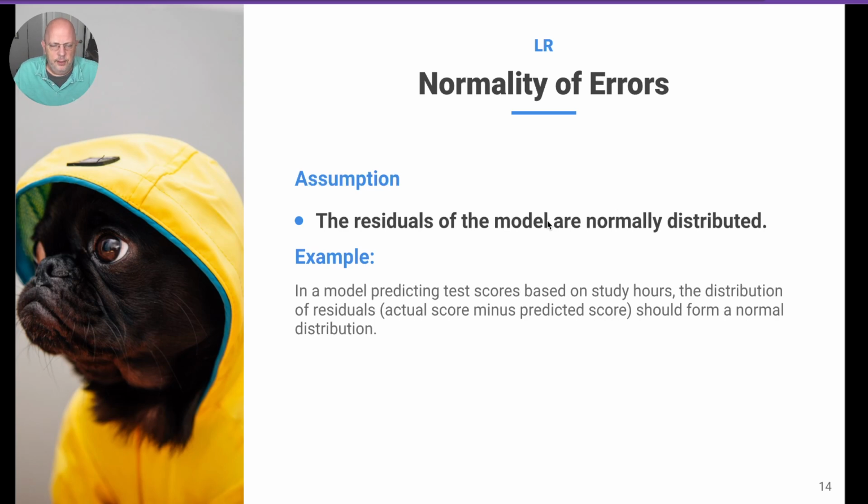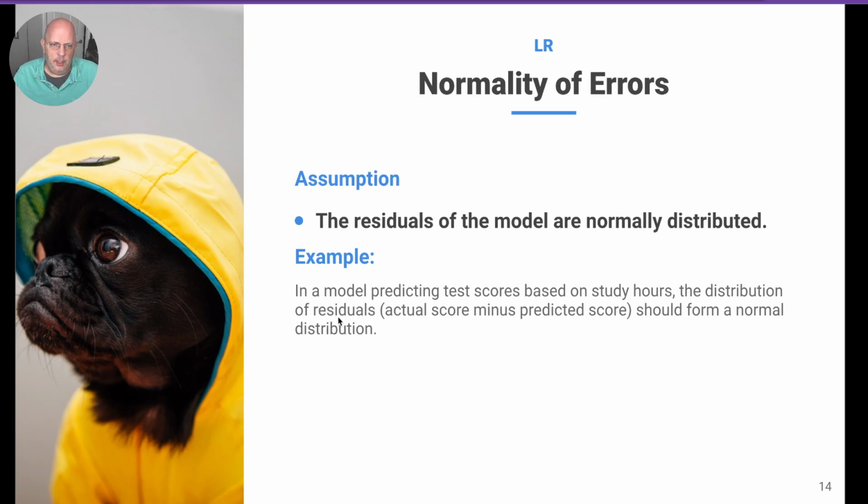Normality of errors. You can check this with the Shapiro-Wilk test. You look at the skewness and the kurtosis of the distribution. But in a nutshell, say the model is predicting test scores based on the number of hours studied.